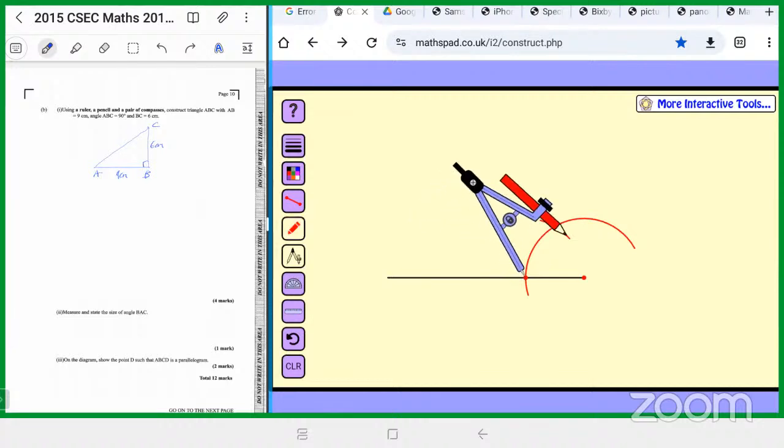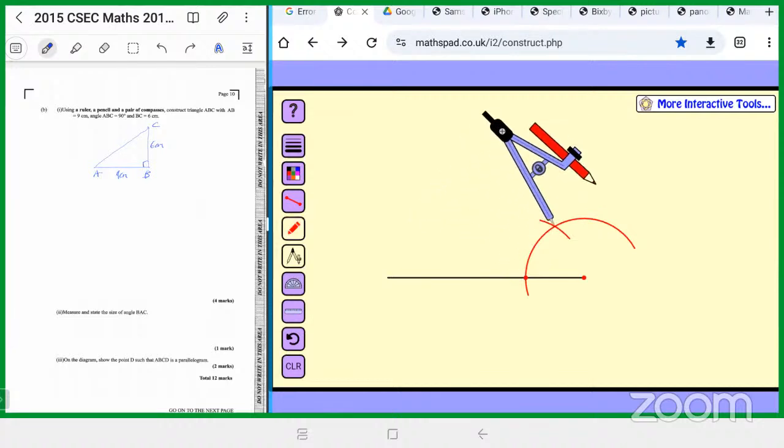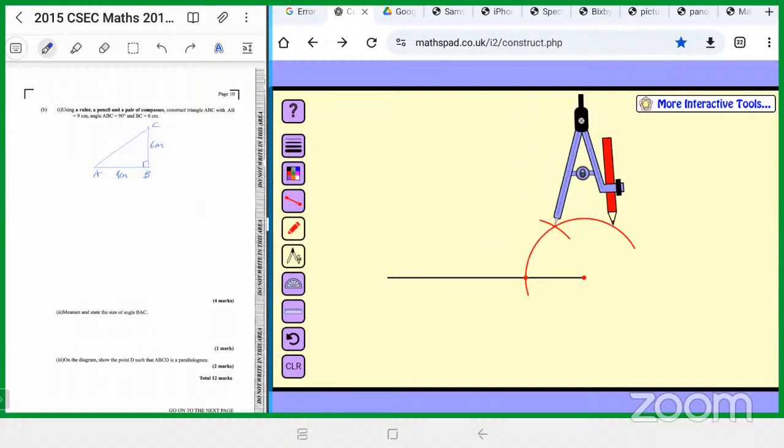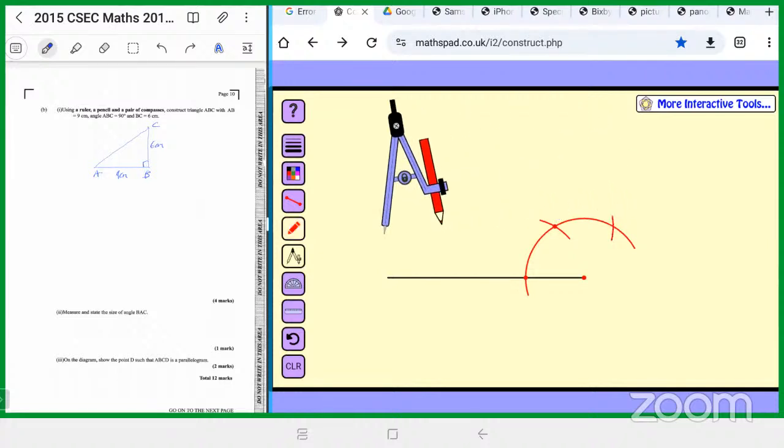Then you move the point up here, rotate down, and make another arc there. What you have now is a 120-degree arc. The second arc makes 120, 60 plus 60.